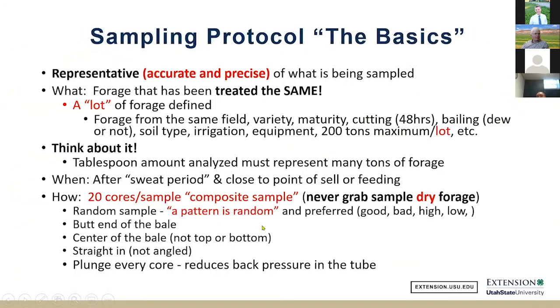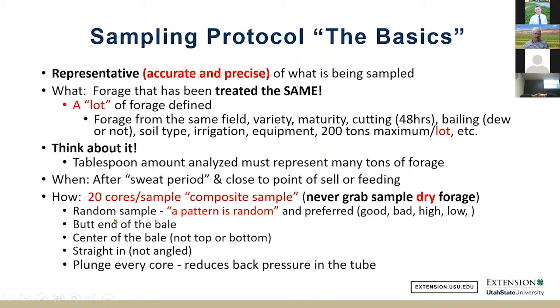So back to the 20 cores per sample, or the composite sample. I want to spend a moment and talk about random sampling. As with soil sampling and all other types of sampling, random sampling is an important concept, but that does not mean that you cannot use a pattern.